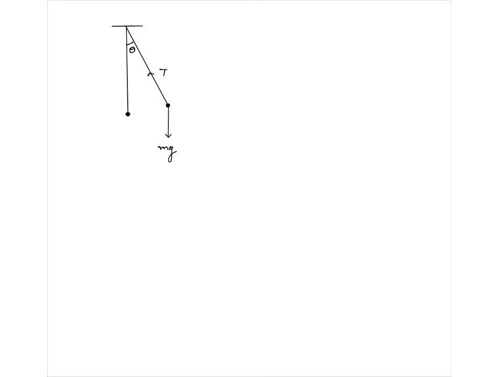Let's say the length of the string is L. This point, let's say, is O. Torque about O: tension is passing through O, so tension will not apply any torque about O. mg into this perpendicular distance, strictly speaking it is this perpendicular distance, but this perpendicular distance is same as this.